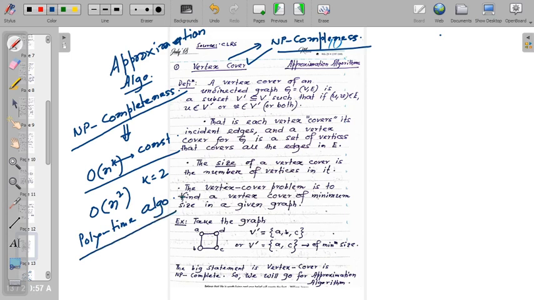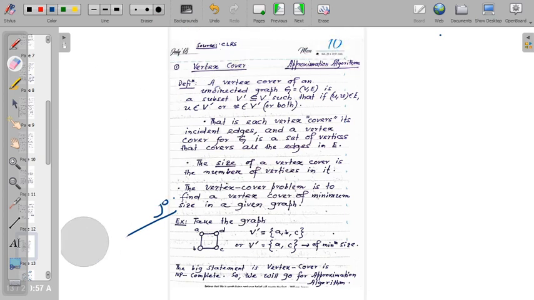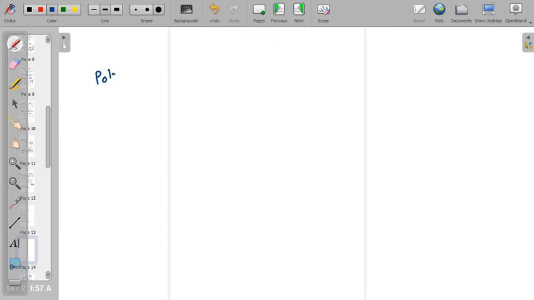Whenever a polytime algorithm exists for a problem, can you name one such problem where you have seen a polytime algorithm, say order of n cubed, or order of n log n, or order of n, or order of n squared?